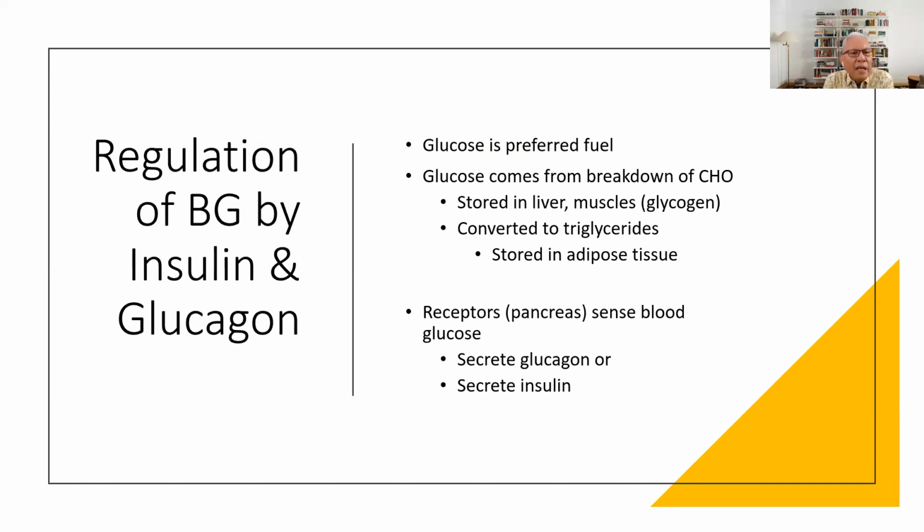So why is it that there has got to be a balance between insulin and glucagon? We have to have good regulation as far as insulin and glucagon is concerned. So let's take a look at glucose first of all. Glucose is the preferred fuel for all cells. This glucose is derived from the breakdown of carbohydrates and also foods and drinks that we consume.